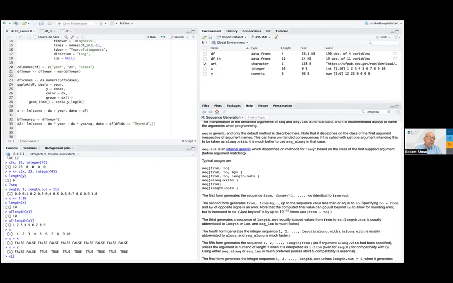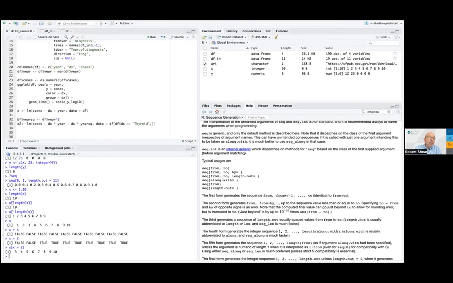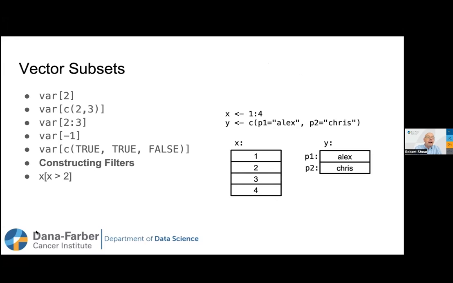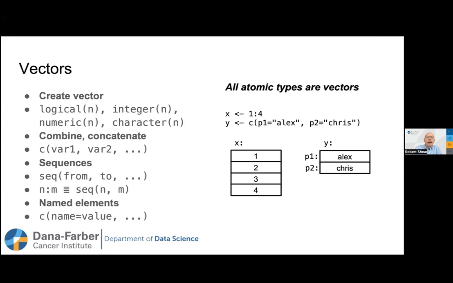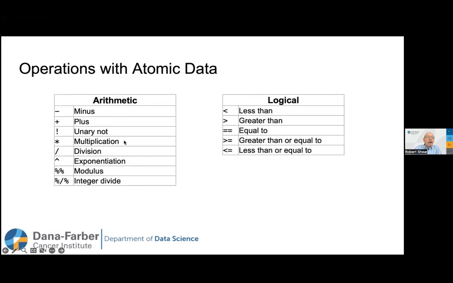So the filter, x is greater than 2, takes the elements greater than 2 in this.